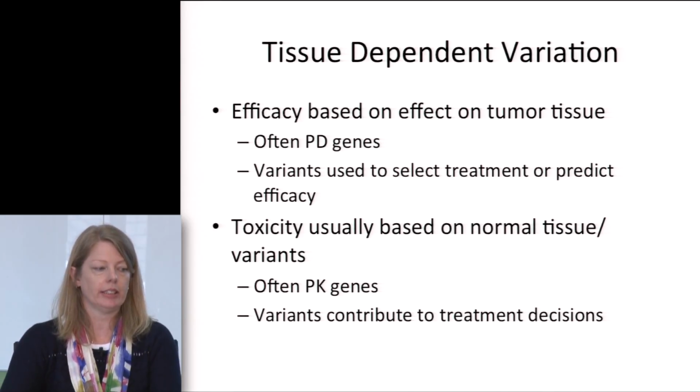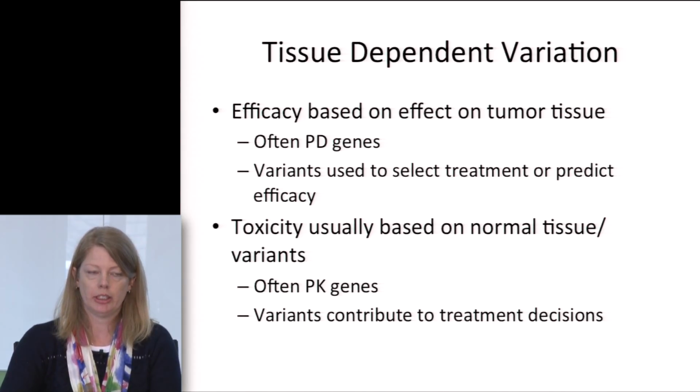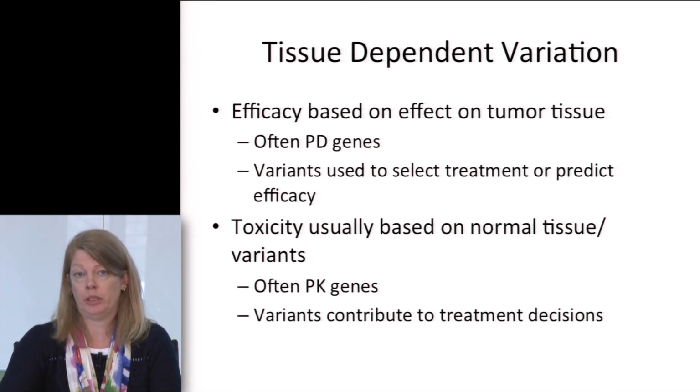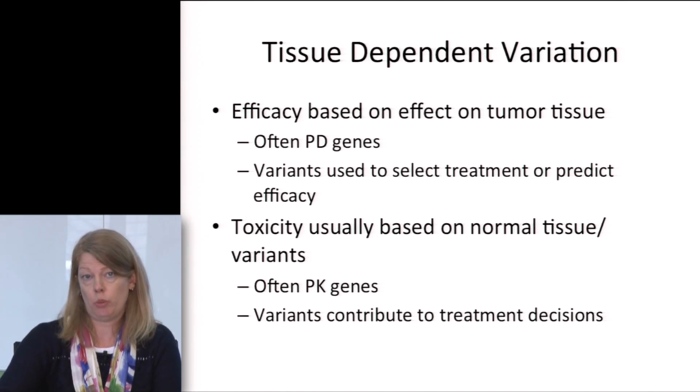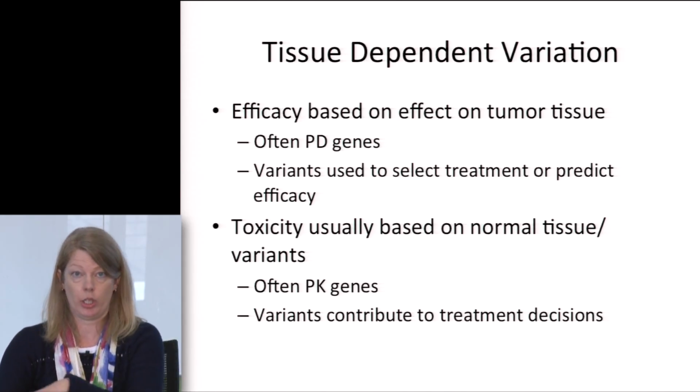So the variants in those pharmacodynamic genes are oftentimes used to select the treatment for that cancer or to predict the efficacy of it. So oftentimes tumor cells will be genotyped for the PD genes so that you can determine which medication to use or how well the medication might work.